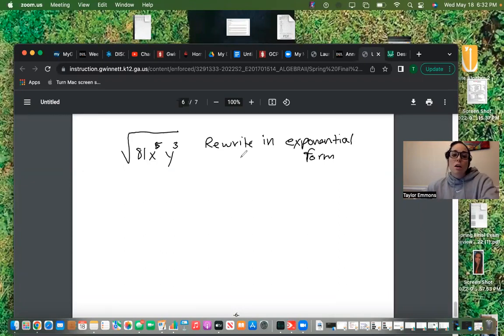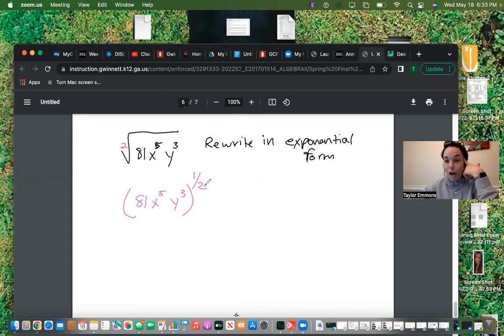I'm so sorry. Okay, so what I mean by that is, remember, if you've got the square root, that means there's this little 2 chilling in this little cubby hole. So I'm going to rewrite all of these numbers or variables, and instead of writing the square root, I'm going to raise this to the 1/2 power. Remember, taking the square root is the same thing as raising it to the 1/2 power.